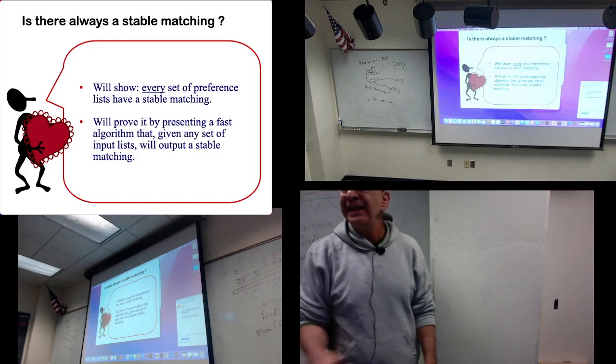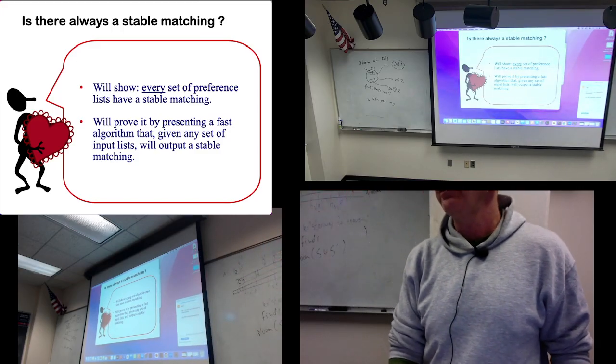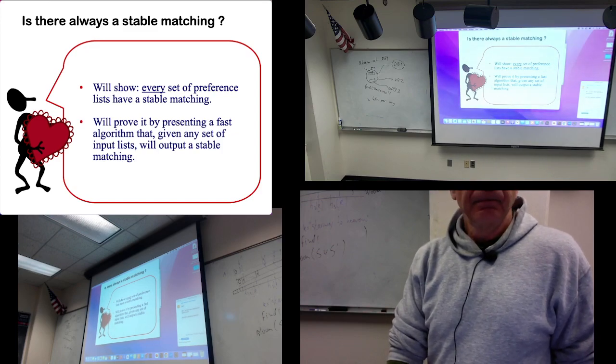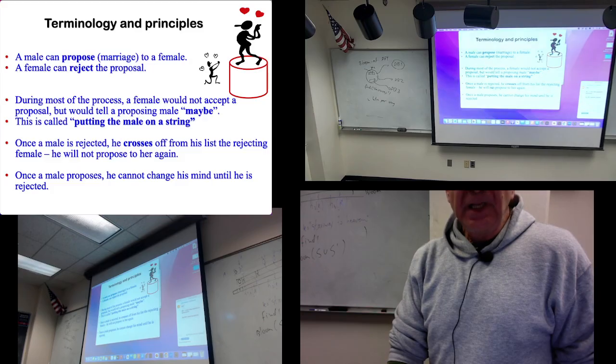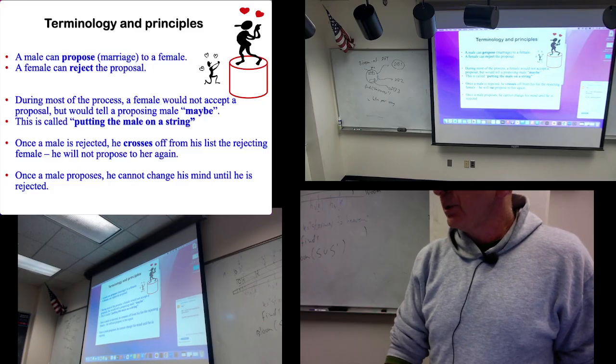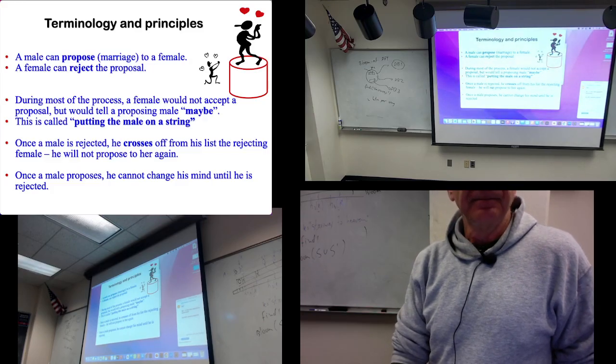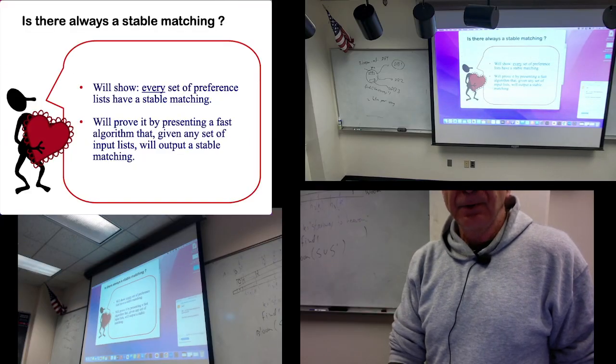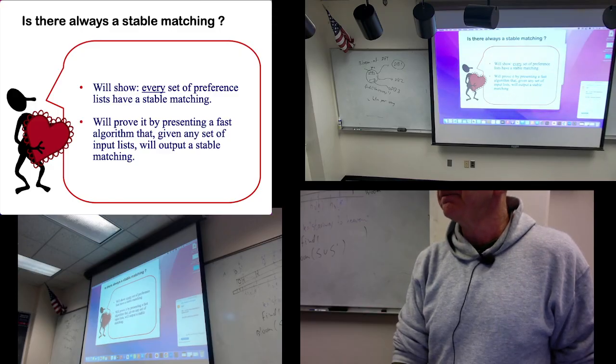I don't have any limitation whatsoever about the preference list of each person. How does this person rank the opposite gender? What we'll show is that, no matter what the preference list is, I can always find a perfect matching. Stable marriage.